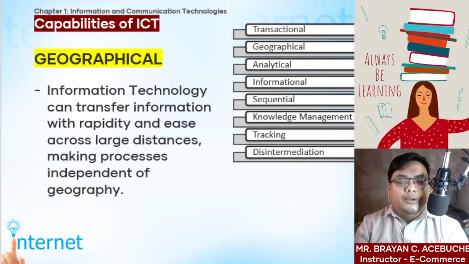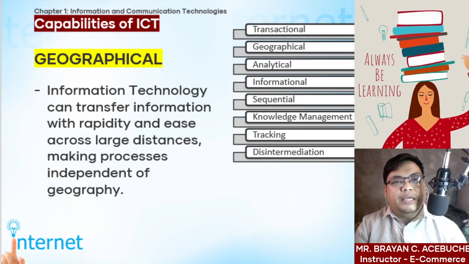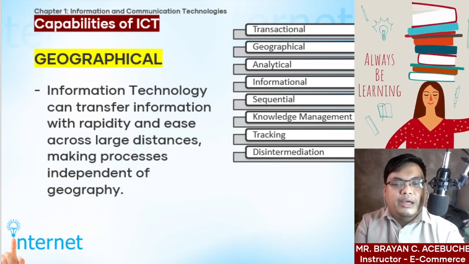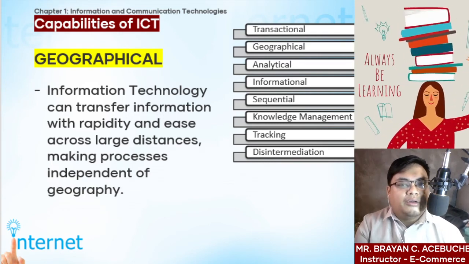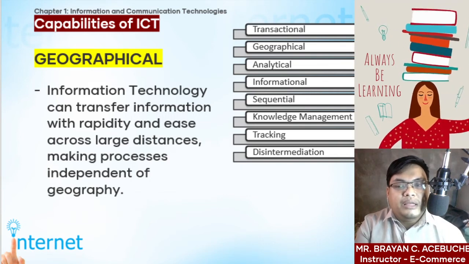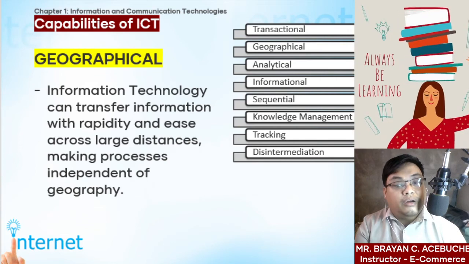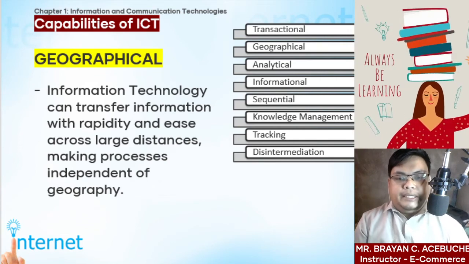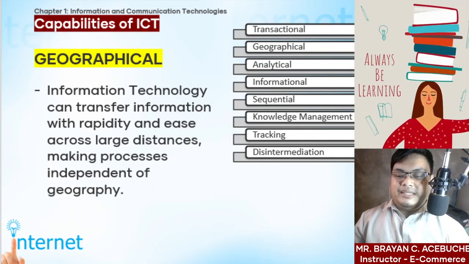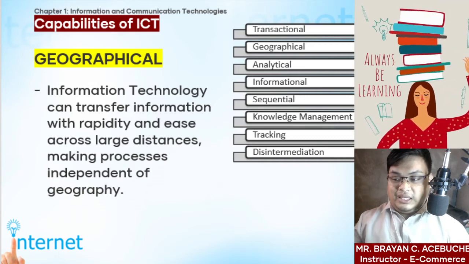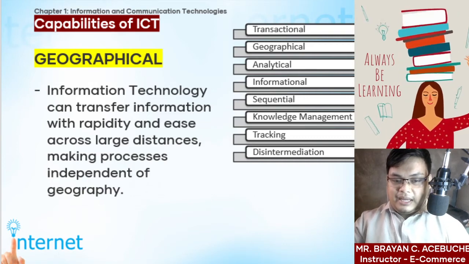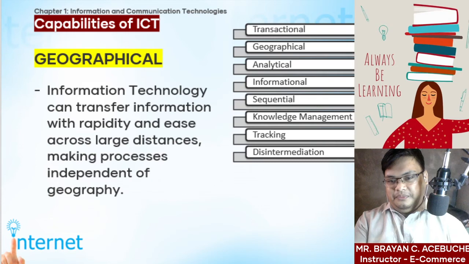Nakakatulong sa atin. So ngayon, hindi na kailangan mag-meeting ng physically. Meron ng mga online conferencing para iganap yung meeting. Hindi nakaatin yung ganitong client, pwede siyang i-meet online. So mas napapabilis at mas nakakatipid kung tutuusin.